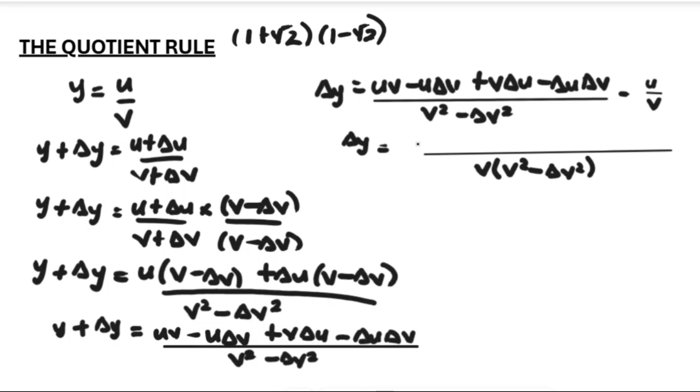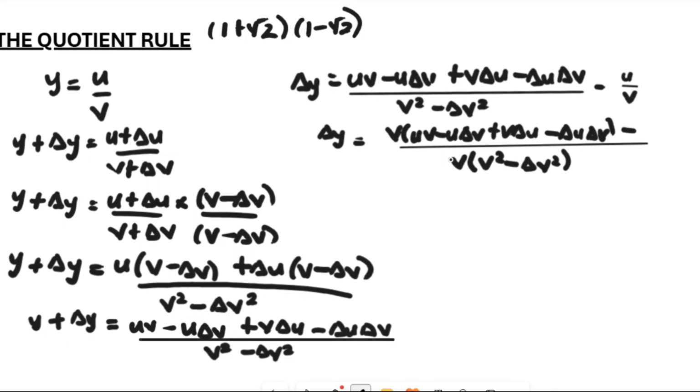So we are going to have v multiplied by uv minus u delta v plus v delta u minus delta u delta v. Don't forget there's a v outside here. Minus, now v in this one remains v squared minus delta v squared. So using it to multiply this, let me extend the division sign here.